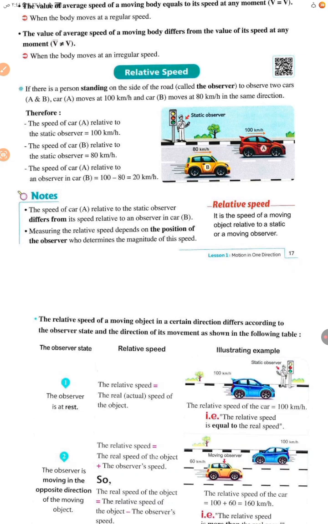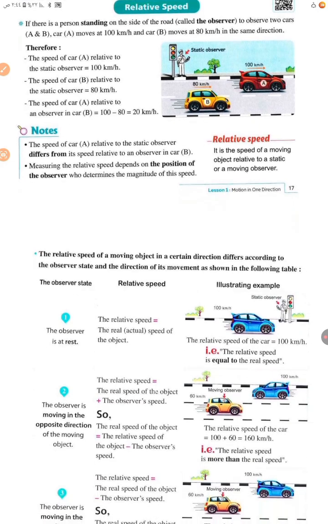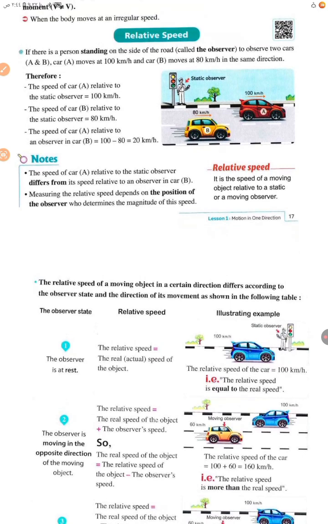Car B moves at 80 km per hour in the same direction. Therefore, the speed of car A relative to the static observer is 100 km per hour. The speed of car B relative to the static observer equals 80 km per hour.